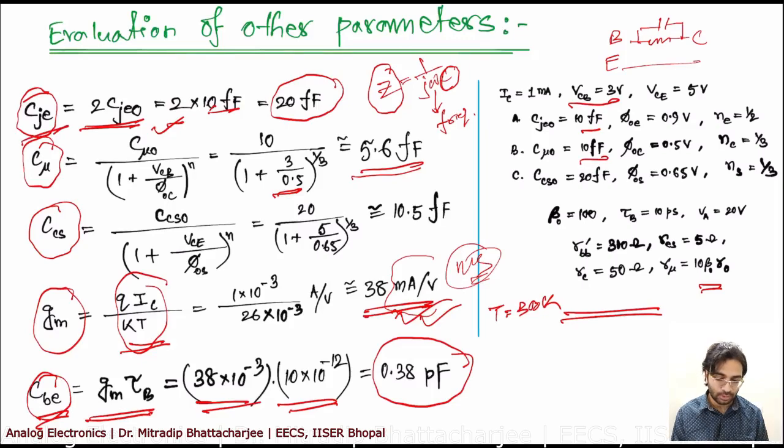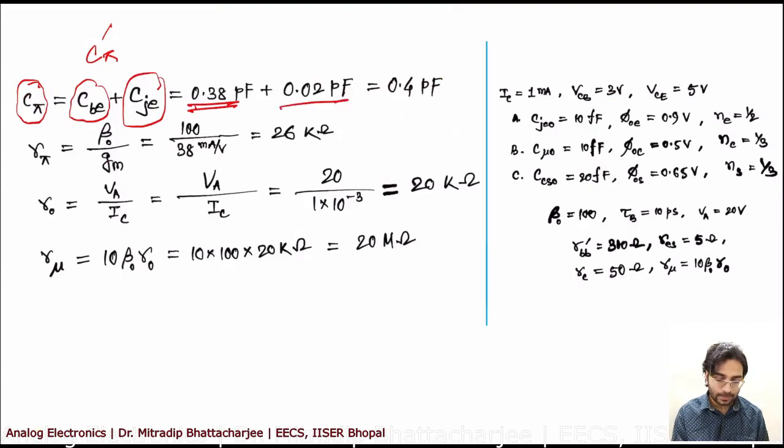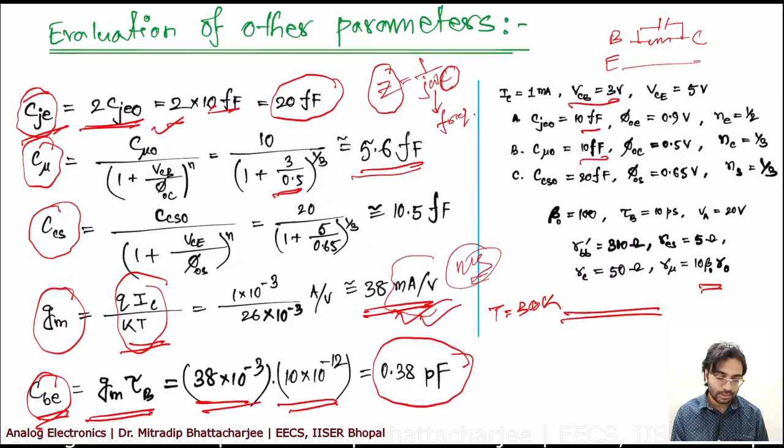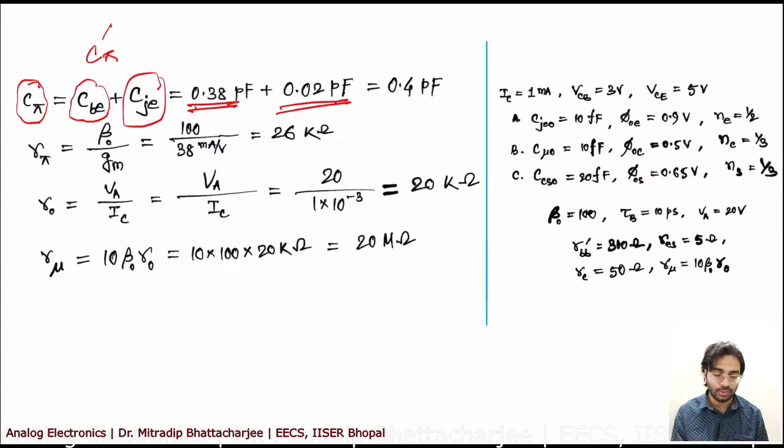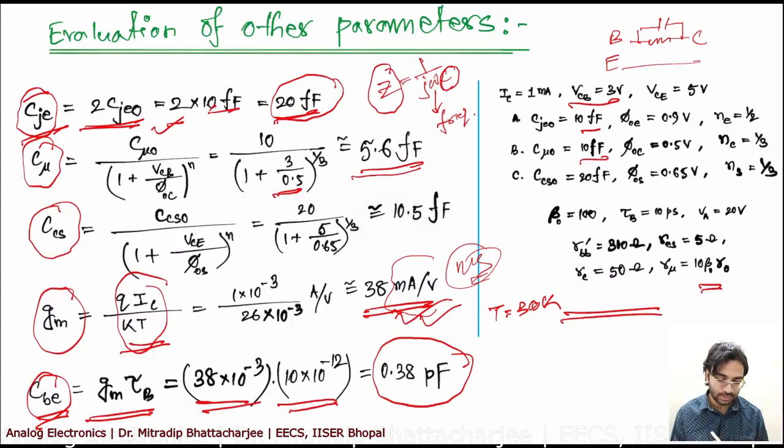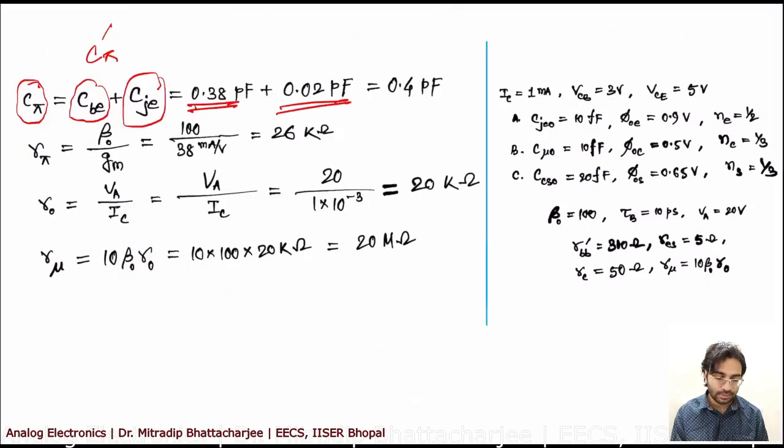CJE is 0.02. I'm keeping both of them in pico. If it is 20 femto, and I convert it to pico, it will come to 0.02 picofarad, and you just calculated CBE to be 0.38 picofarad. So you have 0.38 plus 0.02 as 0.4 picofarad.